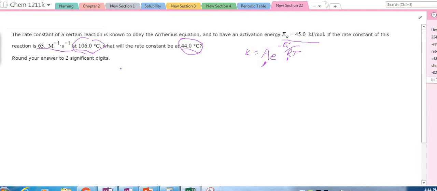And so we can say that K2 over K1 is going to equal the frequency factor A multiplied by E raised to the minus EA divided by R T2, over A E to the minus EA divided by R T1.